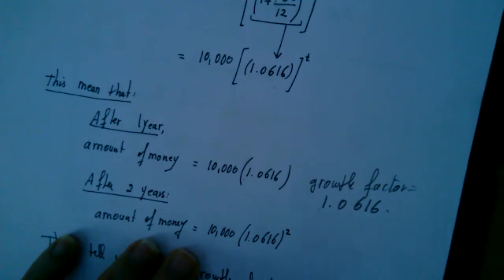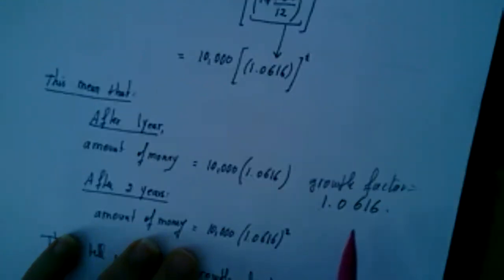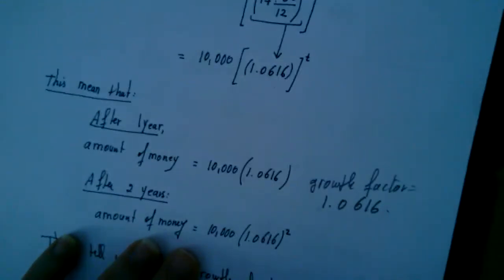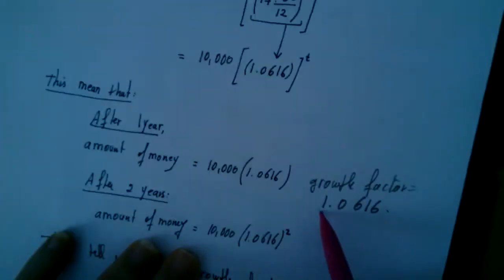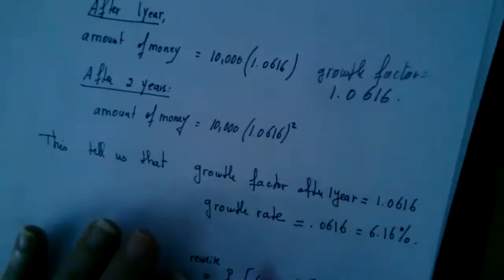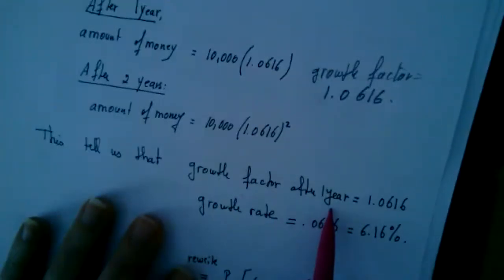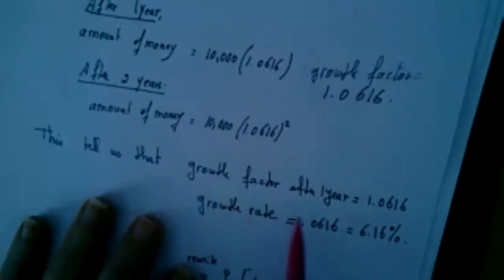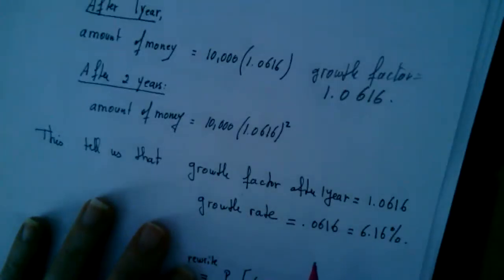Exactly. That's what your classmate said at the beginning. Actually, I'm getting 6.16%. So that's exactly how much interest I am getting. Knowing only what happened after 1 year, the growth factor is 1.0616, which means the rate is 6.16%.